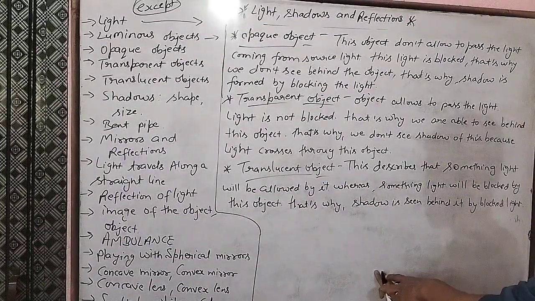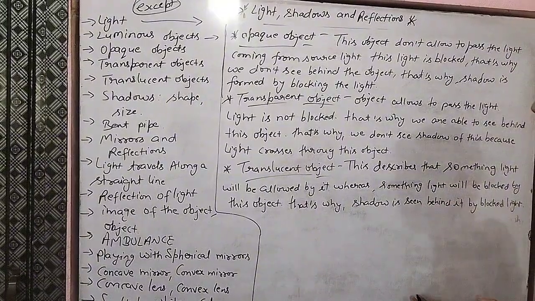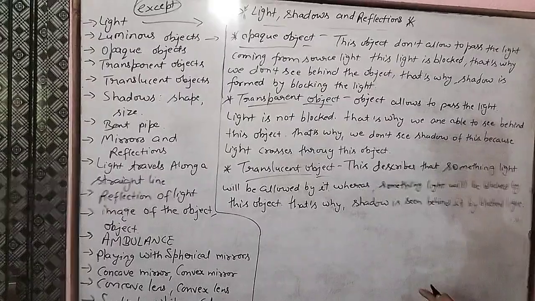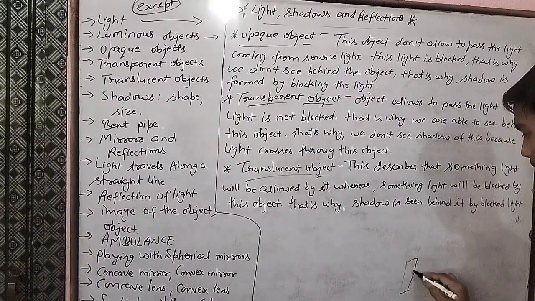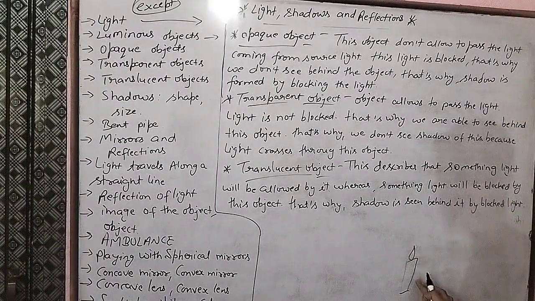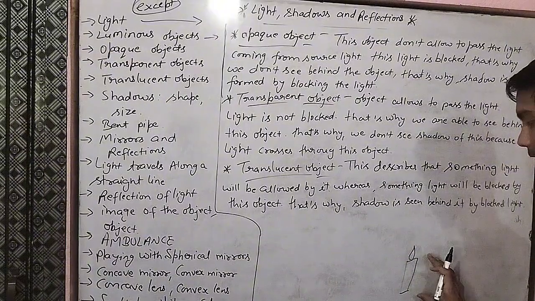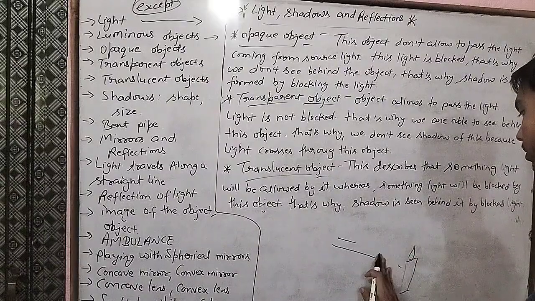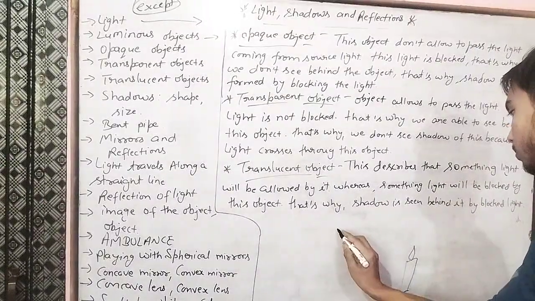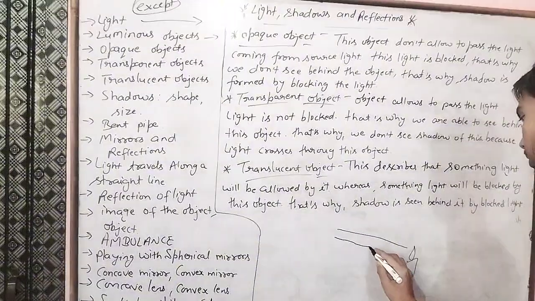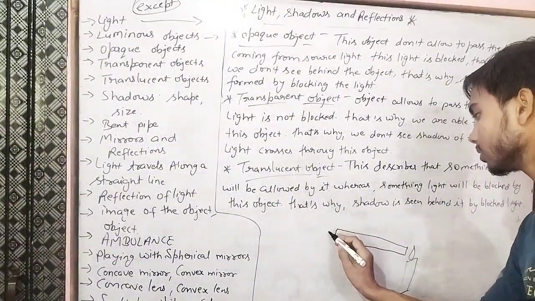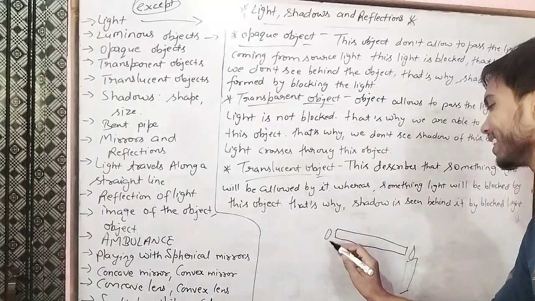Through this experiment, we will try to understand whether light travels in a straight line or not. This is a candle, and it is burning, so in other words it is a flame candle. This is a pipe in a straight line. Our eyes are here.